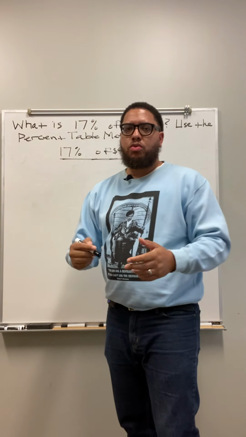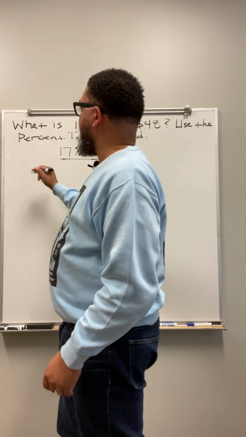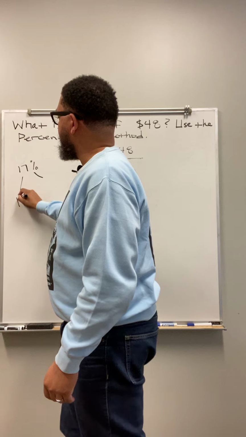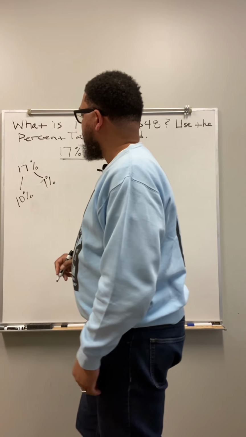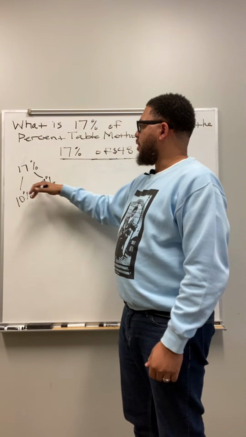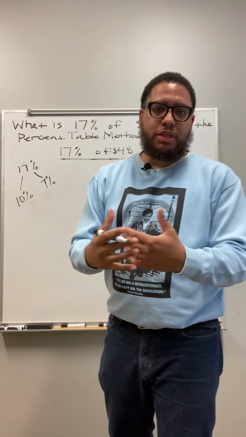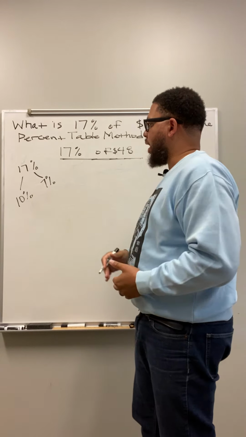I could break 17% down into 10% and 7%. If I know what 10% of 48 is, and what 7% of 48 is, I could just add those dollar amounts together, and then I would have 17% of $48.